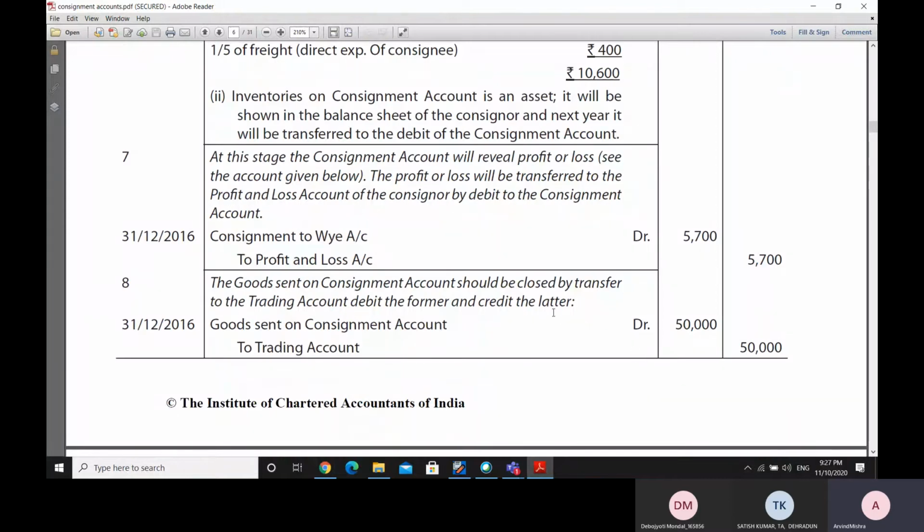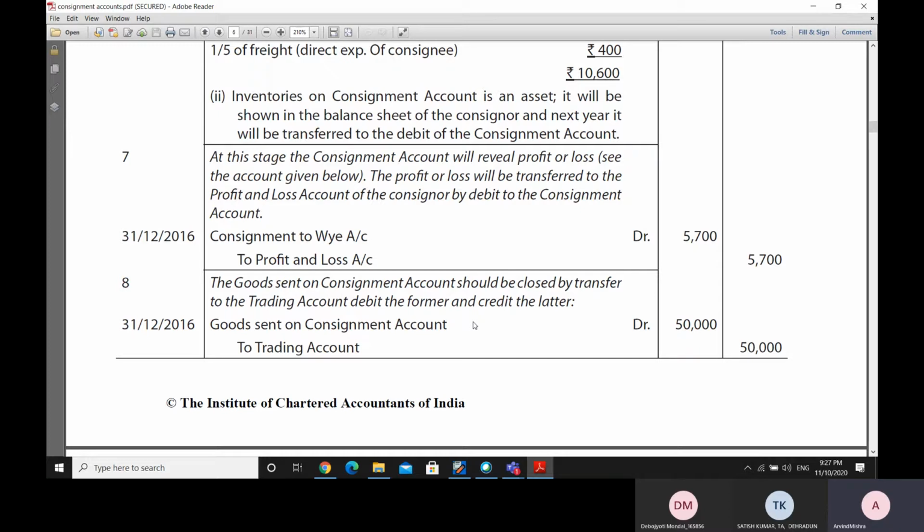Then finally, what we do is that we had started the credit in the goods sent on consignment account by crediting that account. Now we are debiting it, and straight away crediting the trading account with these goods which were sent on consignment.